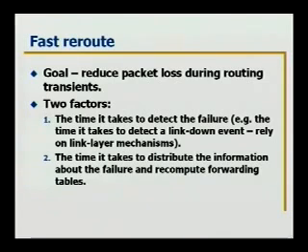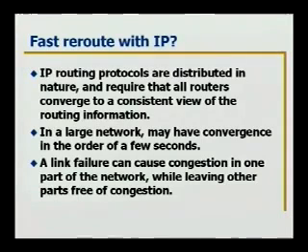And there are two factors at play here. First is the time to detect the failure, and it's going to be the time it takes to detect a link down event, or the time it takes to detect a node down event. And second is the time that it takes to distribute the information about the failure and recompute forwarding tables. So the problem with IP routing protocols is that they are distributed in nature.